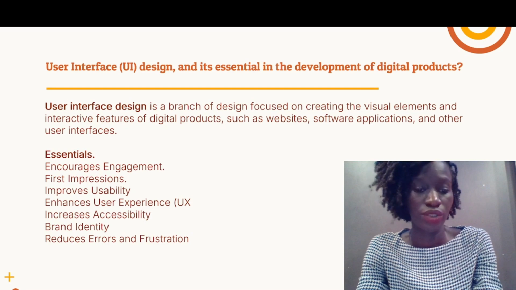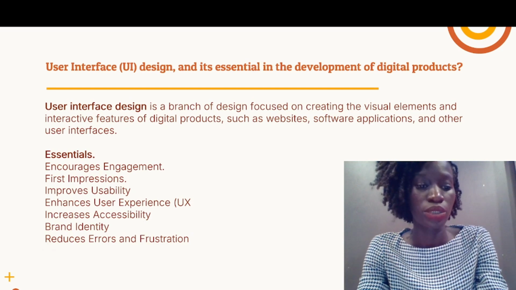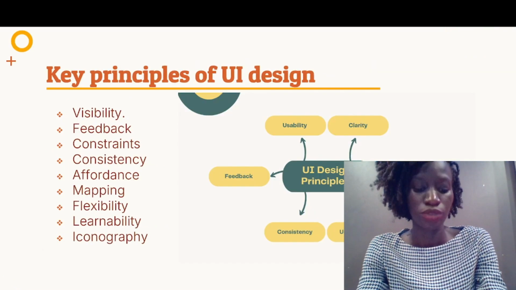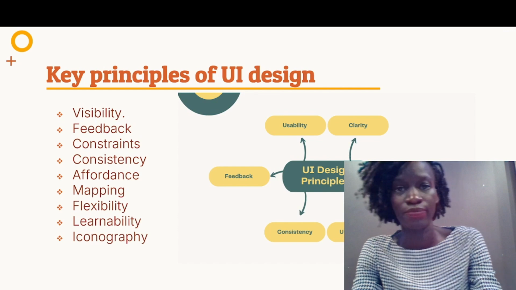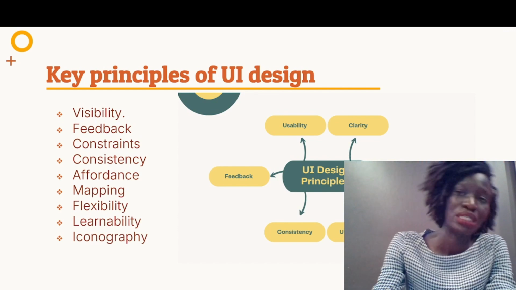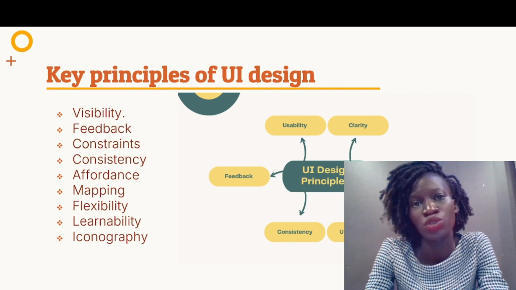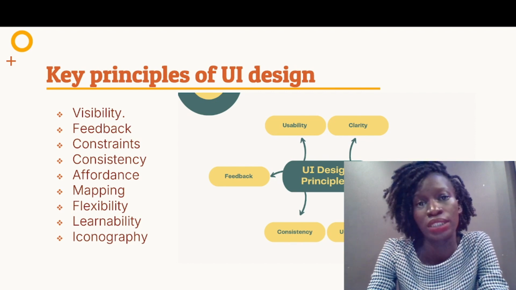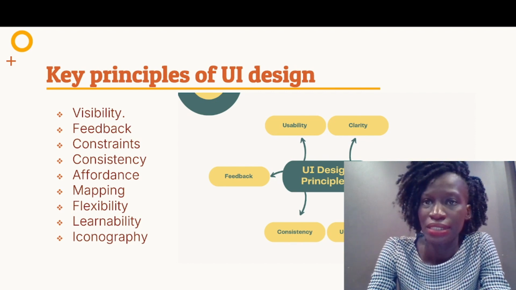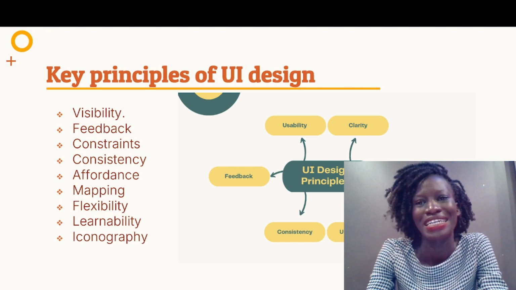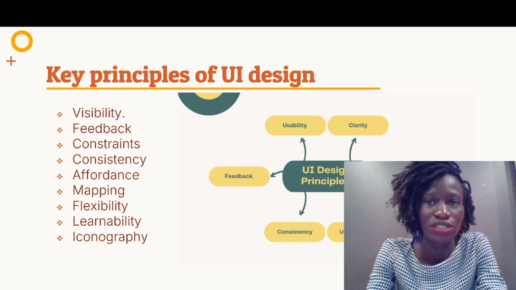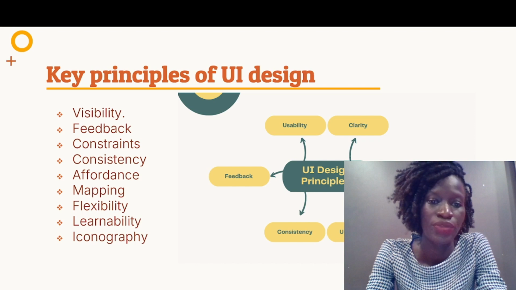So next, we're going to be looking at the key principles of UI design. Firstly, we have visibility. When designing a product, it's important to make sure that the elements and system status are clearly visible to users.